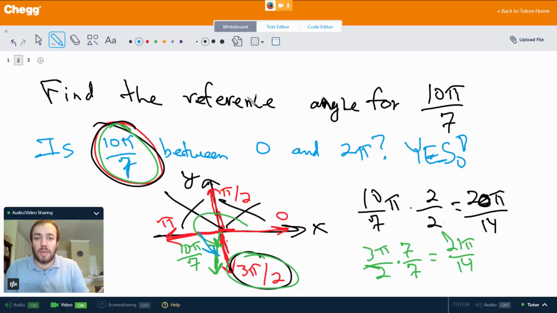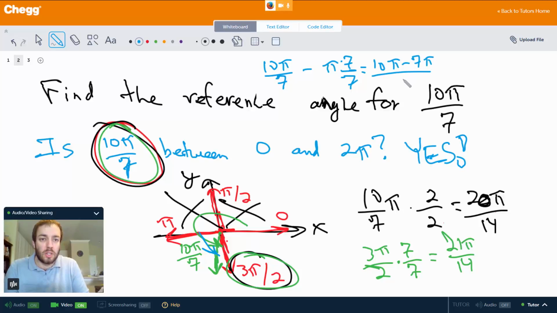Okay, so all we have to do now is evaluate 10 pi over 7 minus pi. And then we can multiply this by 7 over 7. So this is 10 pi minus 7 pi all over 7. 10 pi minus 7 pi is 3 pi. So 3 pi over 7 is our reference angle.